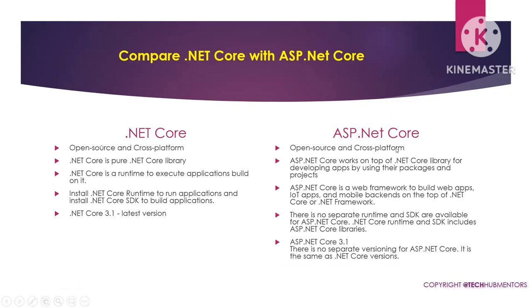Both are open source and cross-platform. ASP.NET Core works on top of the .NET Core library for developing apps by using their packages and projects. So basically, the .NET Core library is a common utility where you can develop cross-platform applications, and ASP.NET works on top of it.